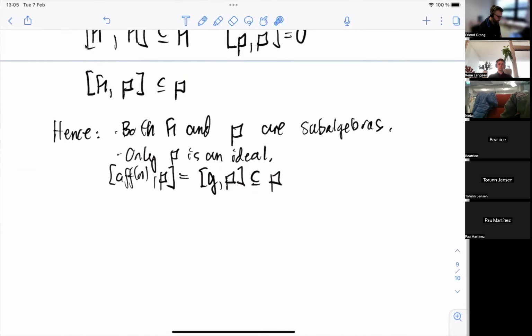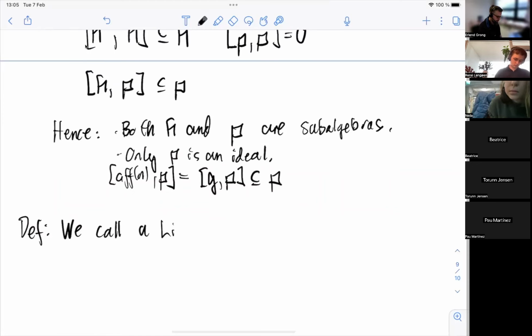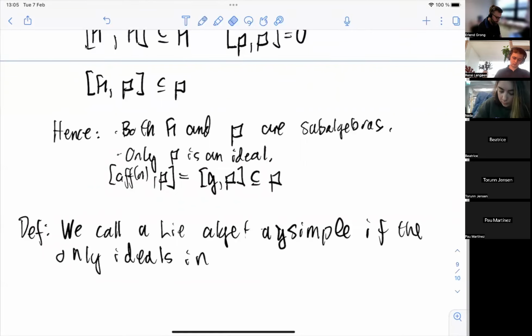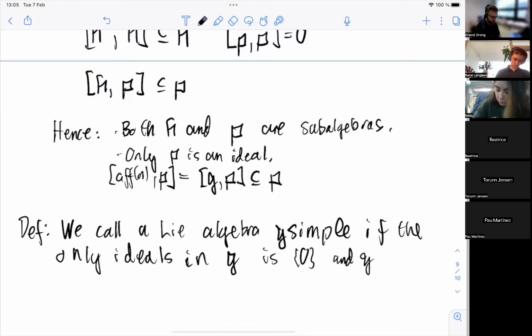So we have the following definition related to an ideal. We call a Lie algebra, let's say G, simple if the only ideals in G are 0, the 0 ideal just consisting of 0, 0 is always an ideal, and G itself.